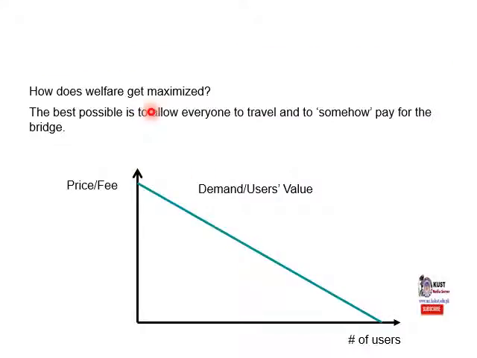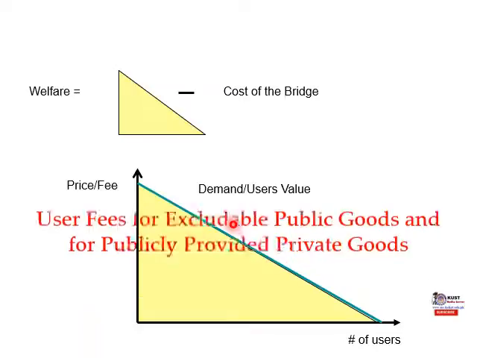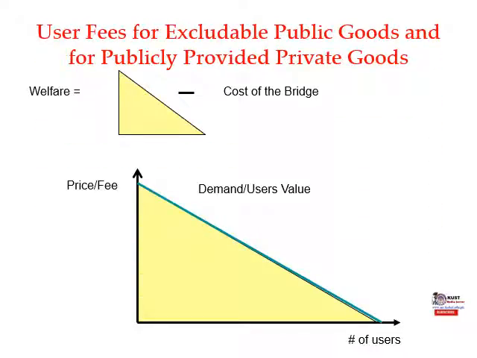How does welfare get maximized? The best possible outcome is to allow everyone to travel and to somehow pay for the bridge. Here are the number of users as well as the price of that good, and this is the demand curve for the users. Let's suppose that is the cost of a bridge.